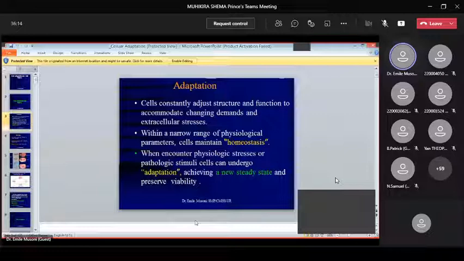Some physiological stress you can say is, for example, sunlight on the skin, UV light, alcohol consumption, smoking. These are some stress on the human body. So when there is a permanent stress, the cell looks for adaptation to that stress.